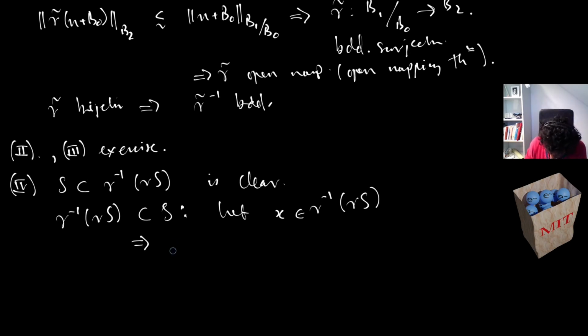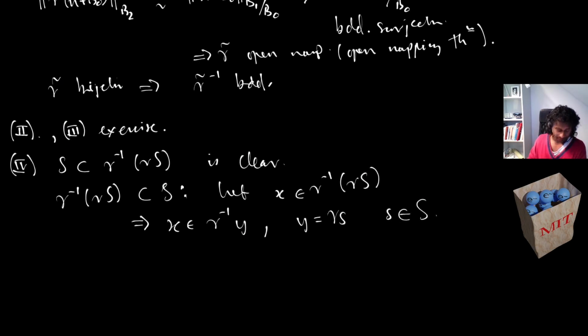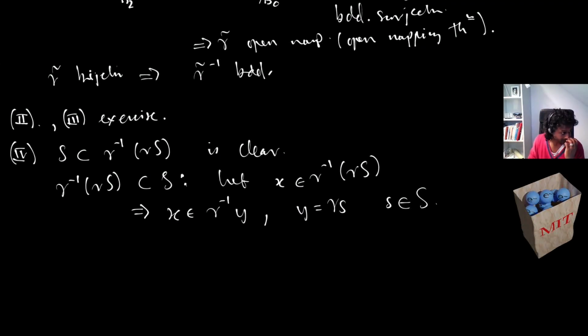That means that x is in gamma inverse of y, and so we have that y is equal to gamma s for some s in the big S. Okay, this is what we have. So then we have that gamma x is equal to y, which is equal to gamma s.